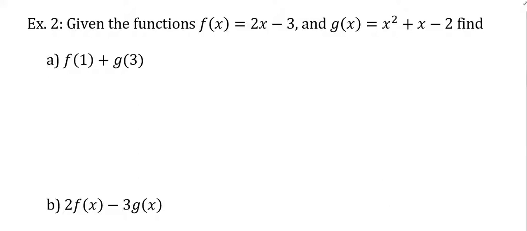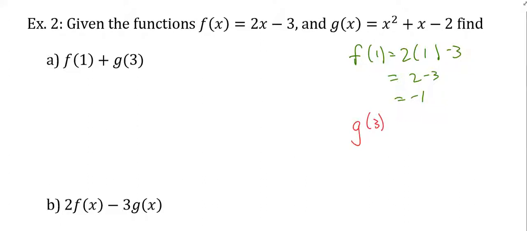You could do it all together in one step, but some people might like to do it off to the side, so we would go like this. F at 1 is 2x minus 3, so I put a 1 in there, and that's 2 minus 3, which is negative 1. And I do g at 3, which is 3 squared plus 3 minus 2.